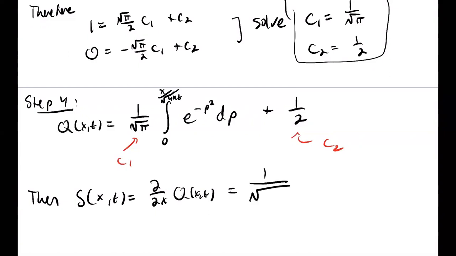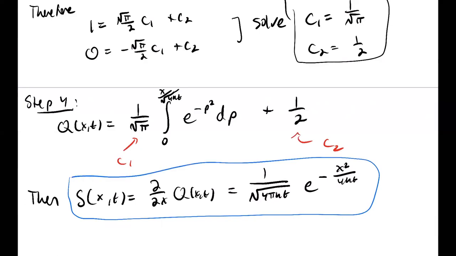I'm just going to combine the square roots and write this as 4 pi times kt. Then the term that's on the top bound for the integral gets plugged into the function. So I get e to the minus x squared divided by the denominator squared, which is 4kt. And so this is my source function.